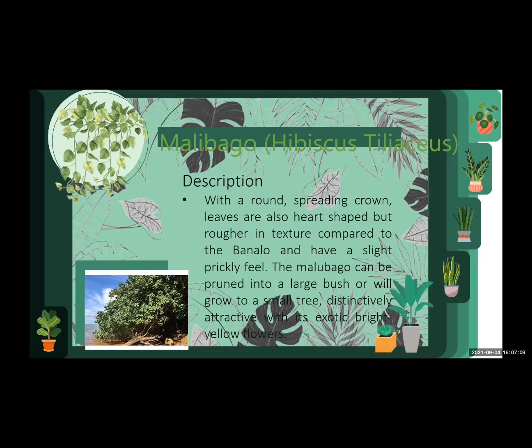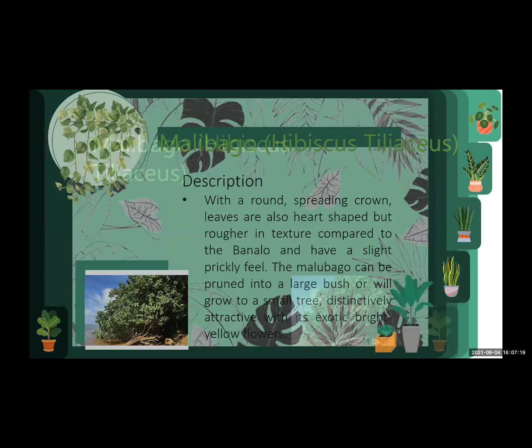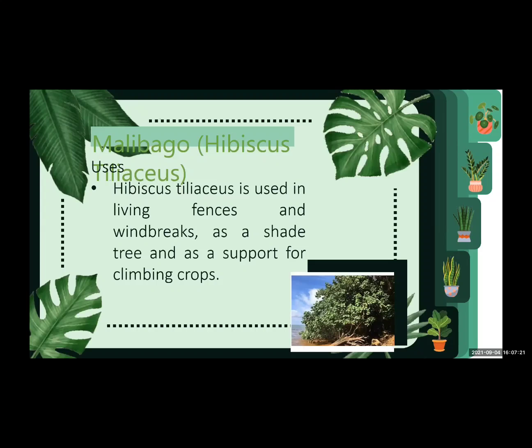The malibago can be pruned into a large bush or will grow to a small tree, distinctively attractive with its exotic bright yellow flowers. The uses of malibago: Hibiscus tiliaceus is used in living fences and windbreaks, as a shade tree, and as a support for climbing crops.